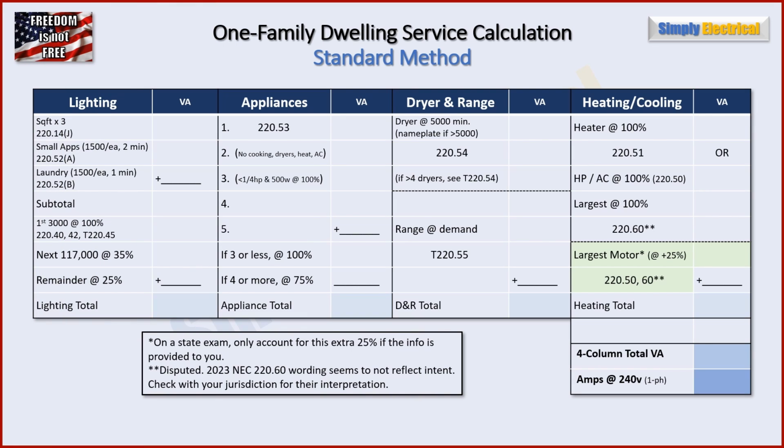Okay, this is a table that I've developed that I think makes it really simple for you to see everything at once. This is the whole calculation in one shot. That way you don't lose track, flipping back and forth between pages. On the left side, we've got a lighting column, an appliance column, a dryer and range column, and heating and cooling.